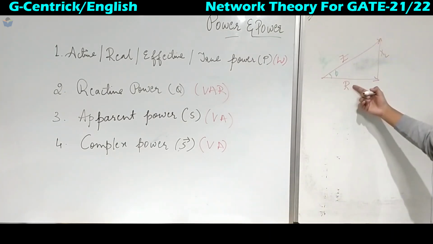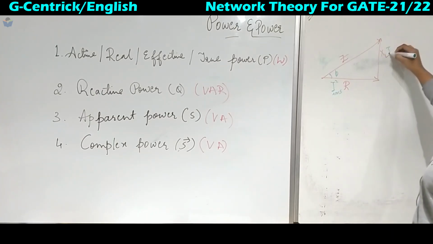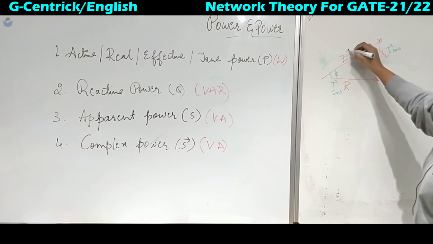In this triangle we will multiply by I square RMS. Here also we will multiply by I square RMS, and here also.